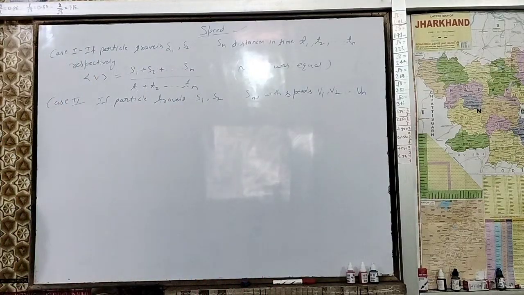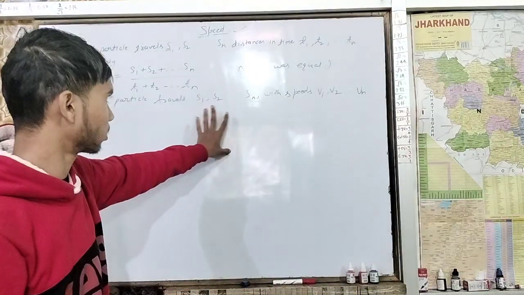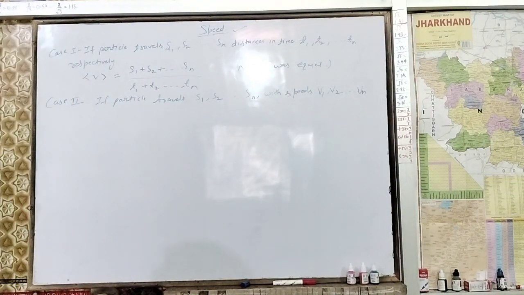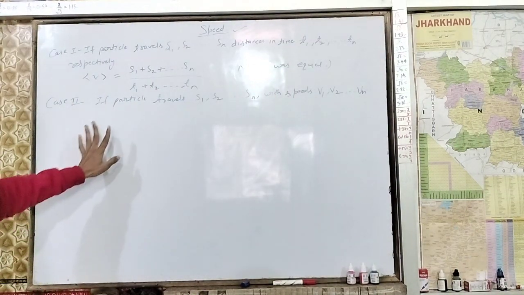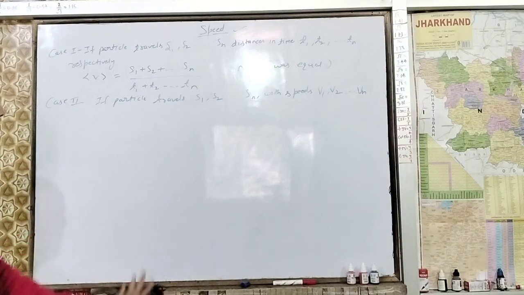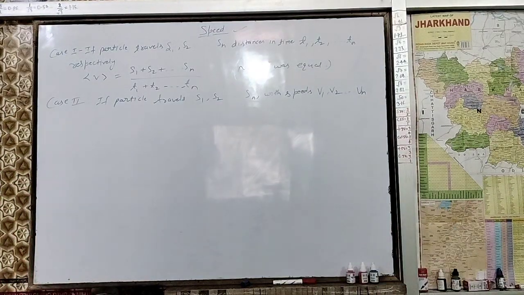What is happening over here? Distance is given, speed is given, but time is not given. This is what is present in this second case. Distance is given, velocity is given, which is the speed, but time is not given.